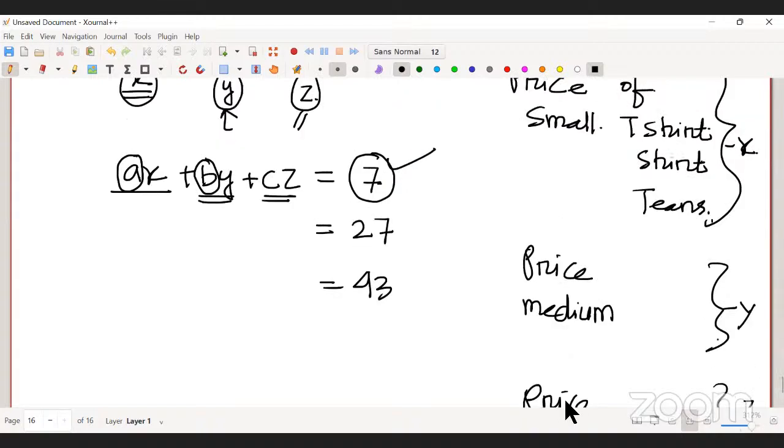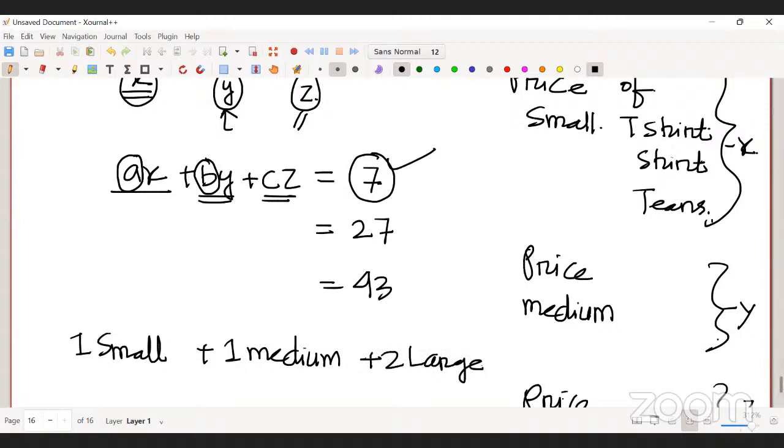So the shopkeeper sold one small size t-shirt, right? Can you read it? The shopkeeper sold one small, one medium, and two large size shirts. Two large size t-shirts. Yeah. So the total cost is 7, right?